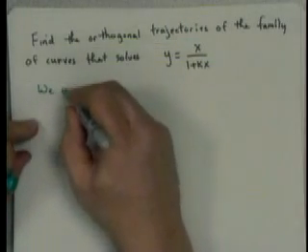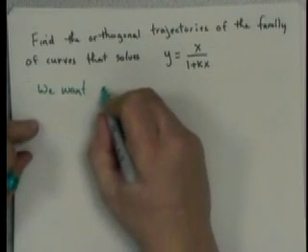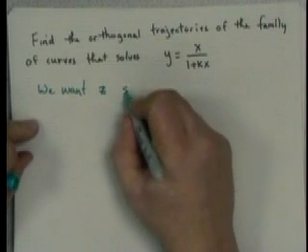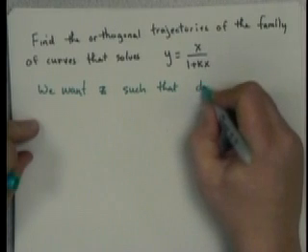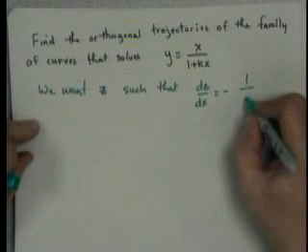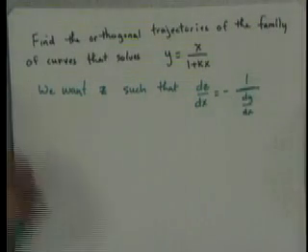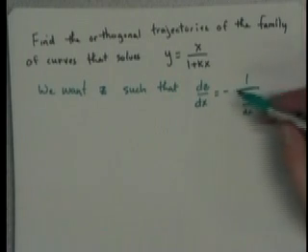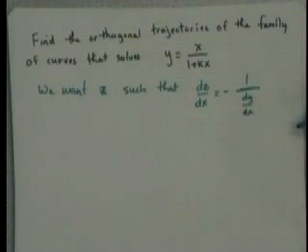We want z such that dz dx is negative 1 over dy dx. That's how you find a perpendicular slope, right? Change the sign and take the reciprocal.